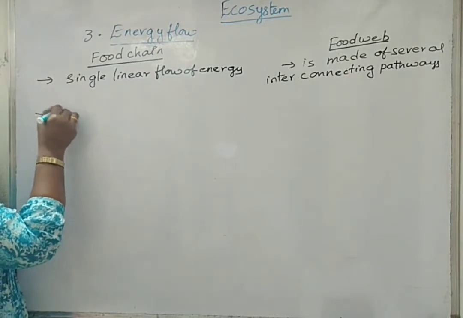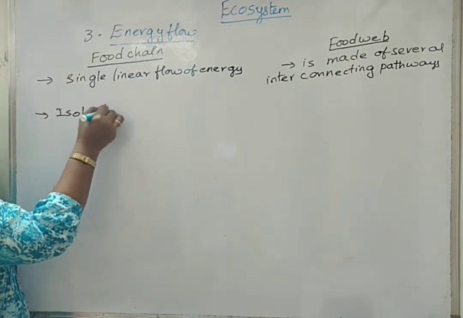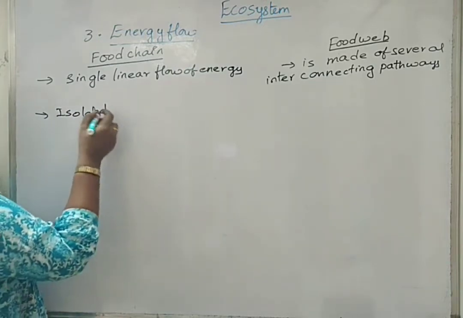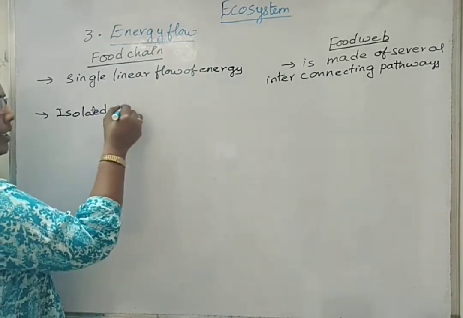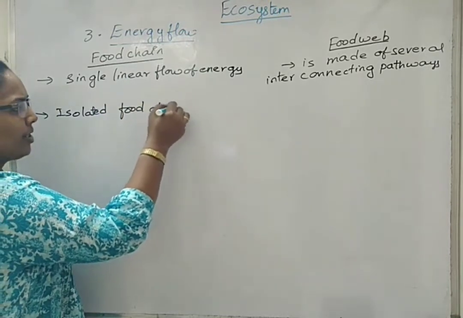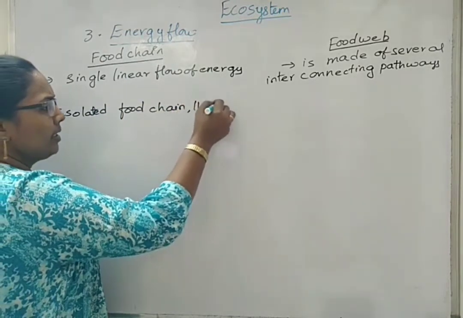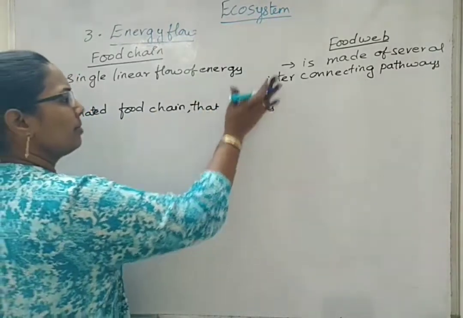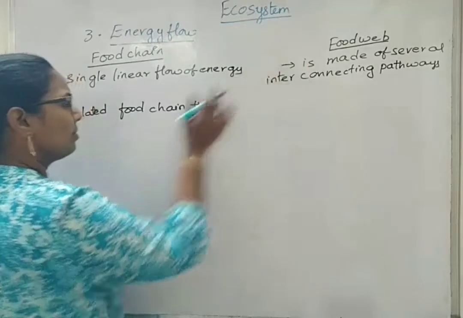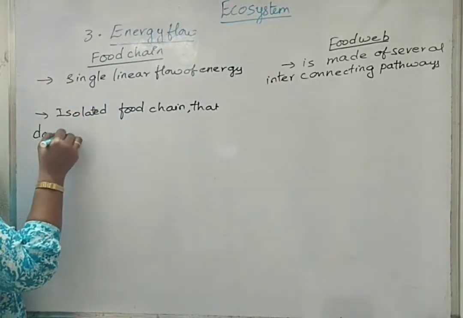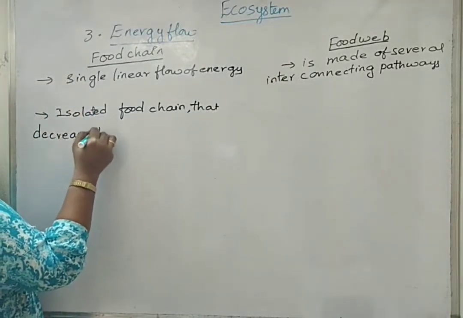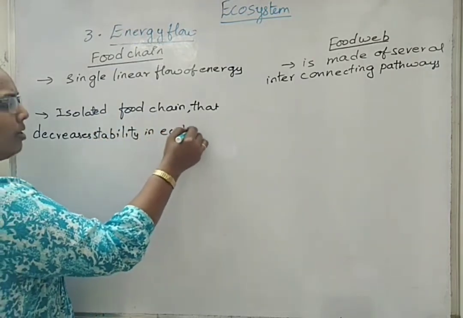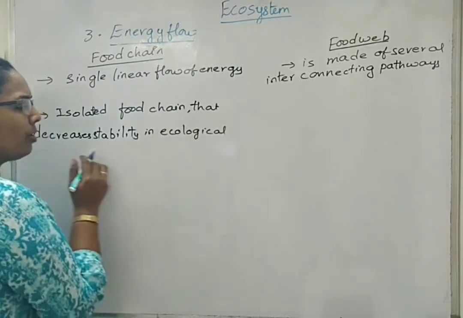Second, a food chain is considered an isolated food chain that decreases stability in the ecological community, means among organisms.